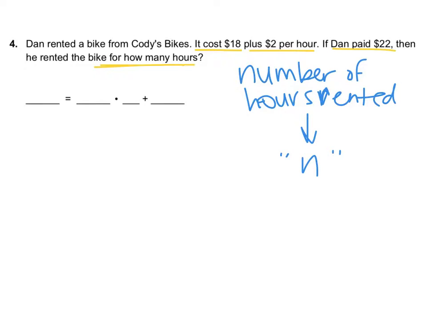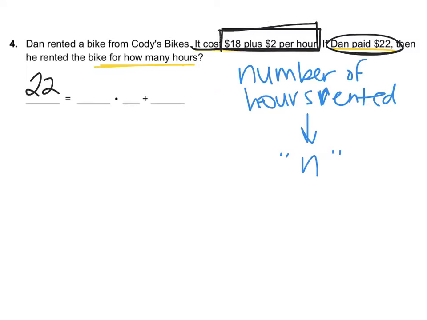And now we're going to go back again and reread the problem and figure out the total. So what is the total that Dan paid? Dan paid a total of $22. How did he get to that, spending that $22? It tells us right here. It costs $18 plus $2 per hour. So again, we spent $18 upfront fee.